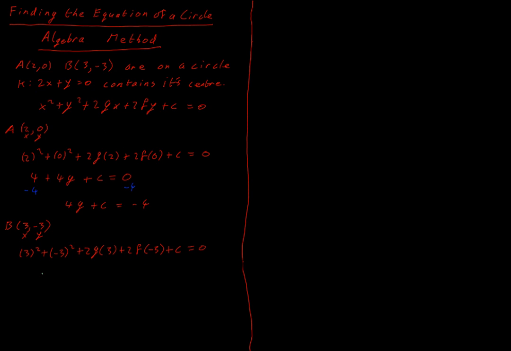I multiply that out and I get 9 plus 9 plus 6g minus 6f plus c is equal to 0.